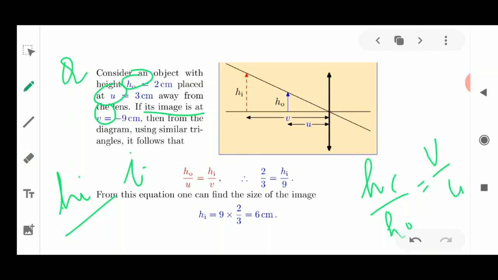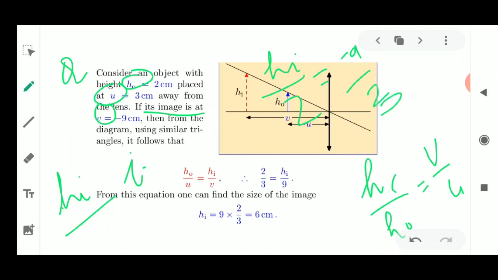Now what about v and u? You have three values, so you will substitute. hi you don't know, ho you know, that is 2. So hi divided by 2 is equal to v by u. You have v as -9 and u as 3 centimeters.